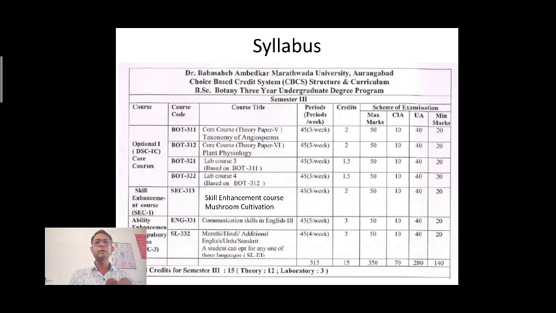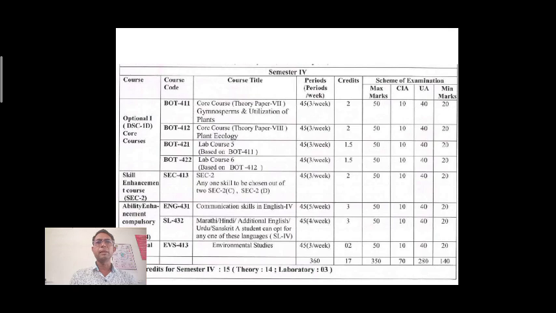Now moving to semester 4, again the optional one, that is the core course, is there. This core course again has 2 theory papers. These 2 theory papers have 2 practicals based on this theory, and there is a skill enhancement course, in which the student can select any course from the 2 given courses.